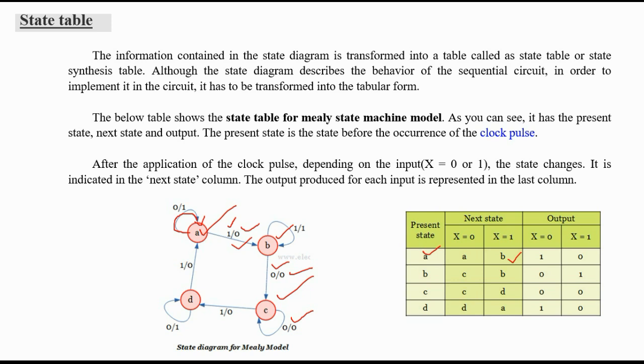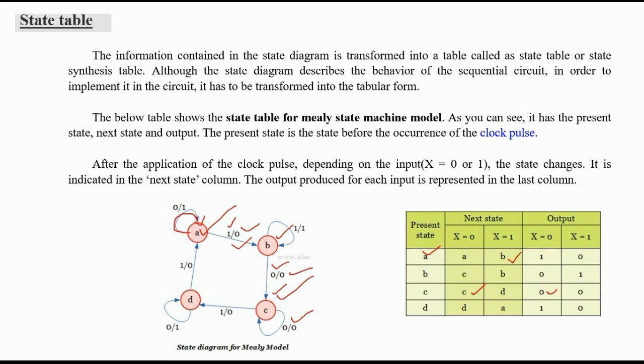And C goes to D. That means at C, x equal to 0, 0 input, and the corresponding output is 0.